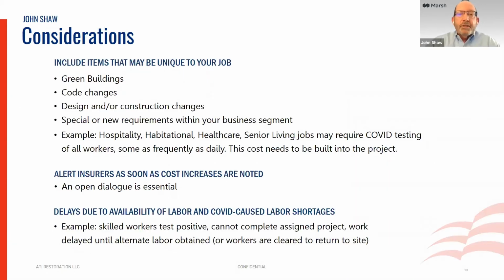Be sure and include items that may be unique to your job. Green building issues, code changes, design or construction changes. Oftentimes in property insurance claims, there is an opportunity value that is realized, people say, hey, we've always wanted to change this manufacturing process.